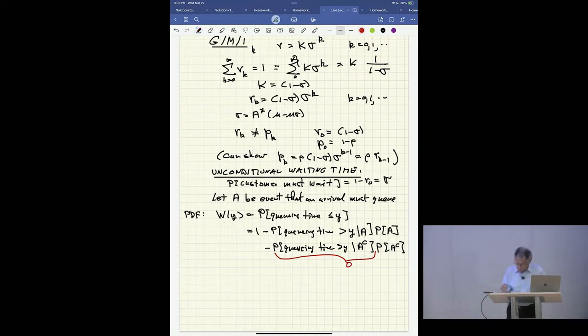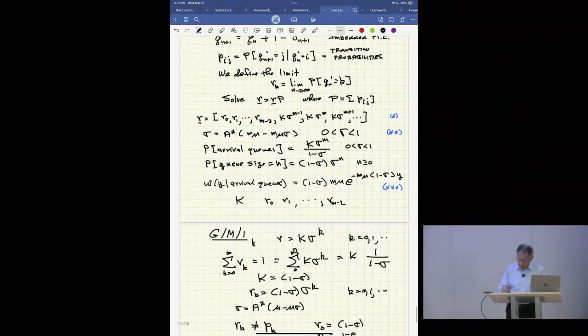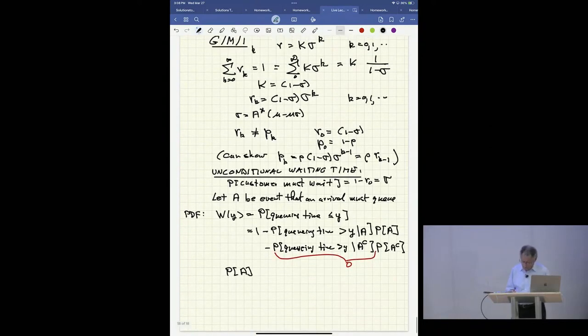And we also know that the probability of this event A, namely the probability that an arrival must queue, we talked about before. The probability of an arrival queueing is given up here. Remember, m is equal to 1 now. You take 1 minus that, basically. So we're going to get that this quantity P of A is simply equal to sigma.